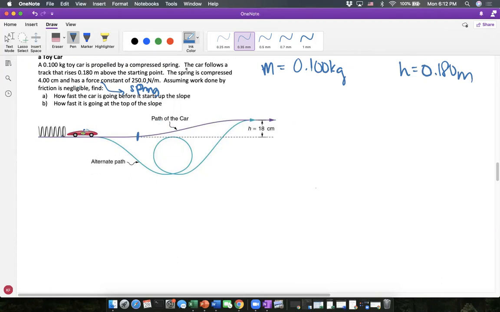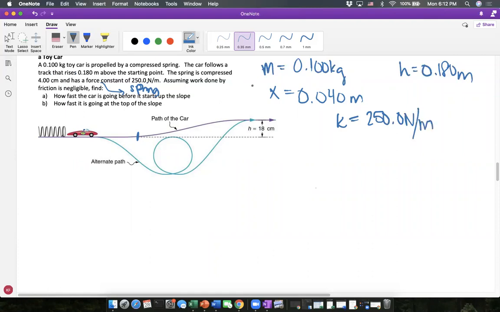Now, the spring is compressed, and I'm going to call that X, and it's compressed by 4 centimeters or 0.04 meters, and has a force constant or a spring constant K of 250 newtons per meter.